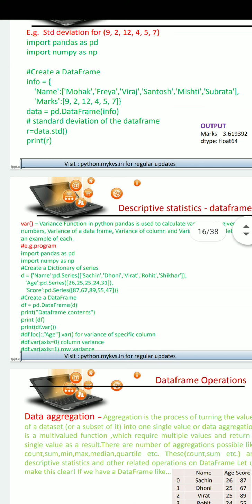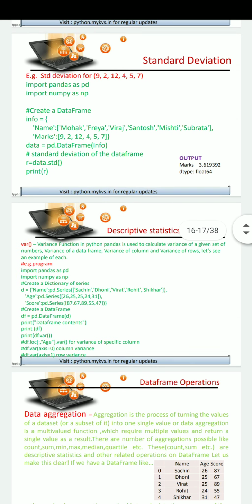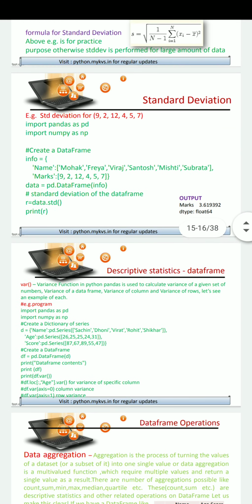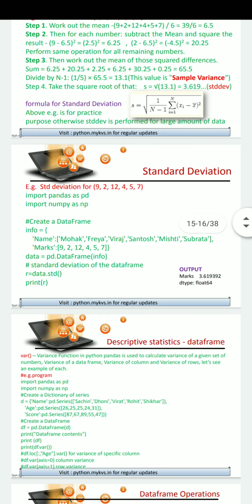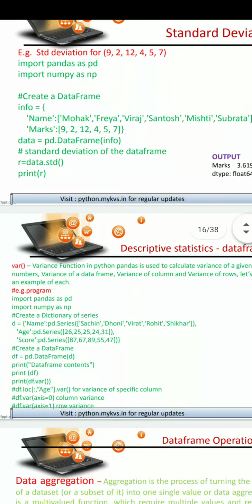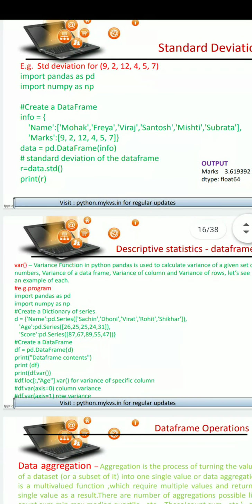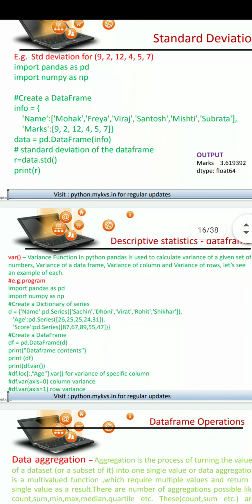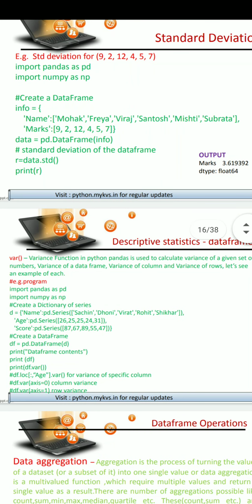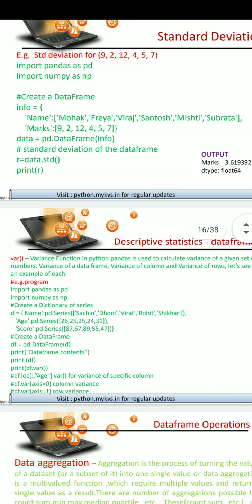Now next, how can we find the variance, because we have learned how to find the sample variance. This can also be done with the help of the variance function. The variance function in Python pandas is used to calculate the variance of a given set of numbers, of a data frame, of a column or of rows. So variance can be found with the help of a data frame.